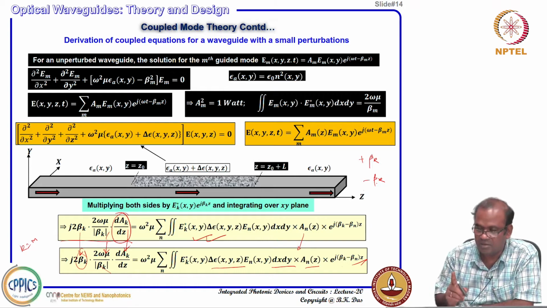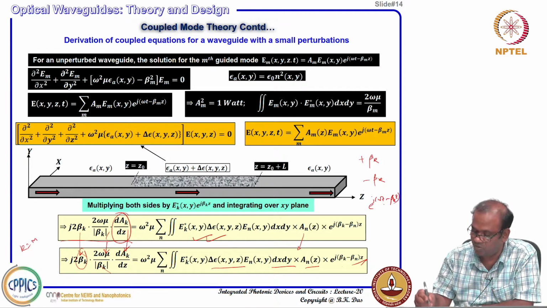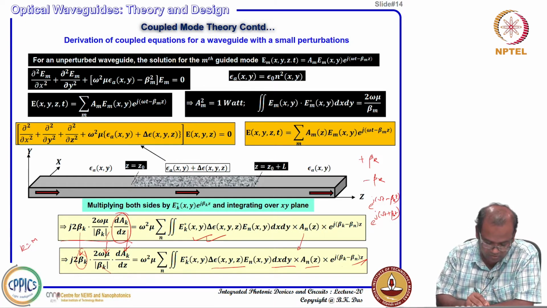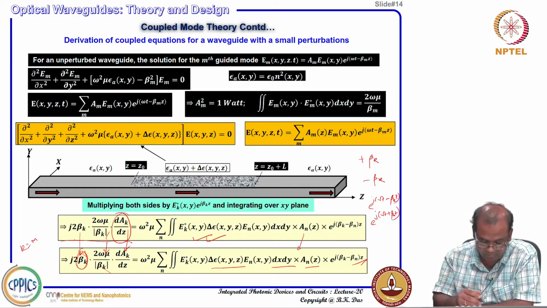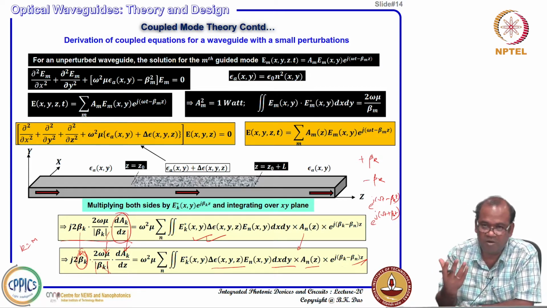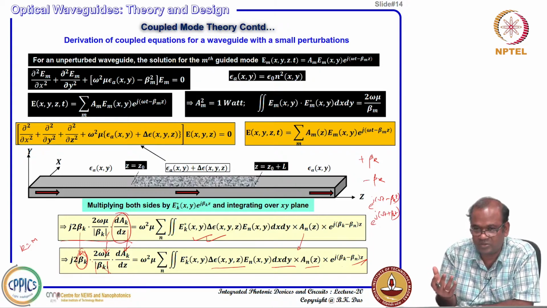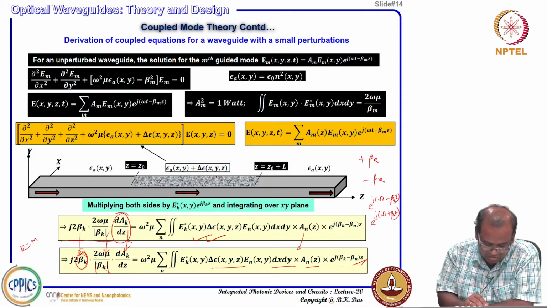Minus beta k is the forward propagating wave, when it is e to the power j omega t minus beta k z, and if it is e to the power j omega t plus beta k z, it is a backward propagating wave. So depending on that we can use the sign, but here, since it is coming out of power, there is no meaning for a plus or minus sign. So in this case, 2 omega mu and the mode of beta k I have taken.